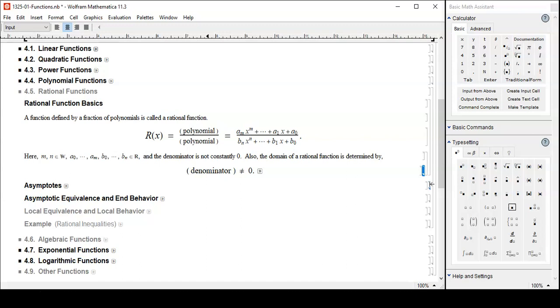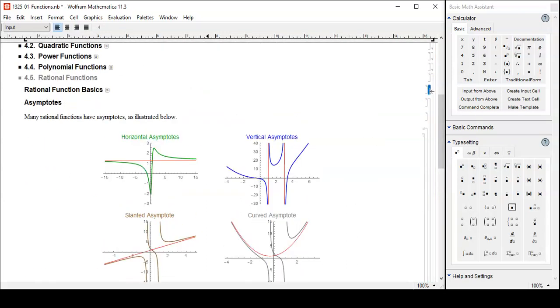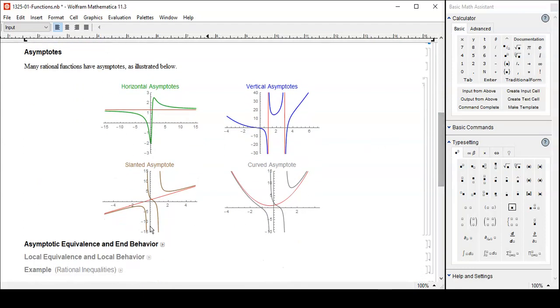And rational functions often come with asymptotes. Horizontal asymptote, vertical asymptotes, slanted asymptote, or curved asymptote. Horizontal asymptote is the only one that you can explain through asymptotic equivalence.